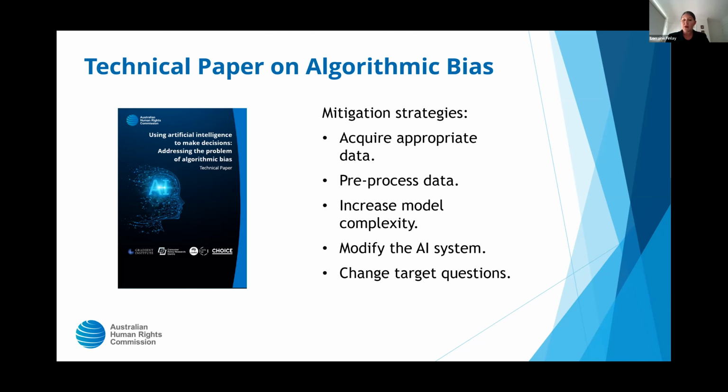In that case, the algorithm was trained to identify patterns in job applications received by the company over a 10-year period. As most of the job applicants were male, historically, the system then learned that male applicants were preferable based on the data set it was given, and it generated recommendations for the future workplace accordingly. The learned discrimination then became embedded in the system and translated into future discrimination.